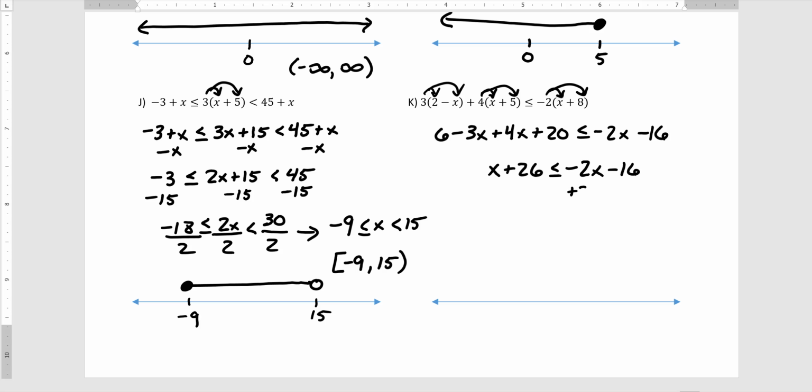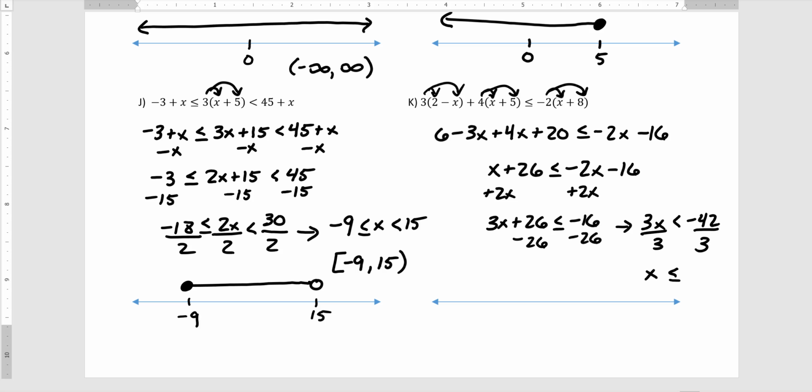Let's see. Let's add 2x here. Add 2x. So we'll have 3x plus 26. It's less than or equal to -16. If I subtract 26, subtract 26. So I now have, let's see, this would be 3x. -16 minus 26 would be -42. I can divide by 3, divide by 3.